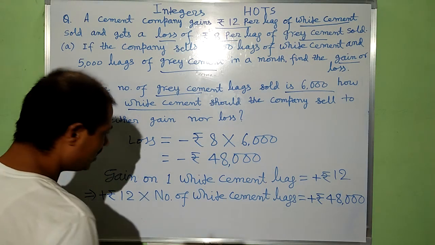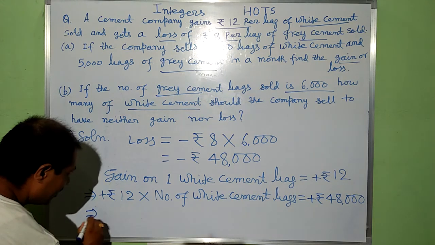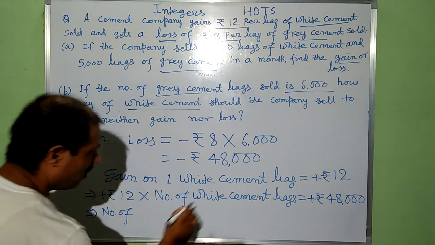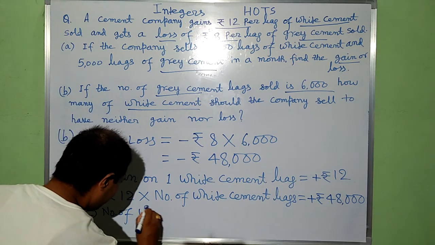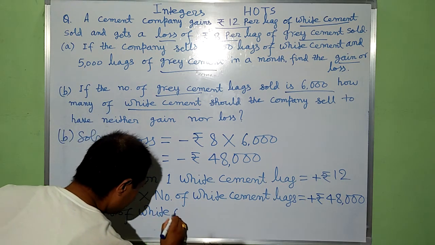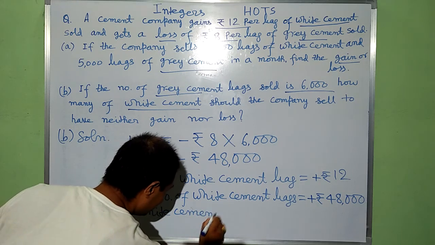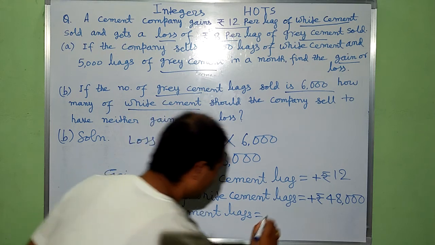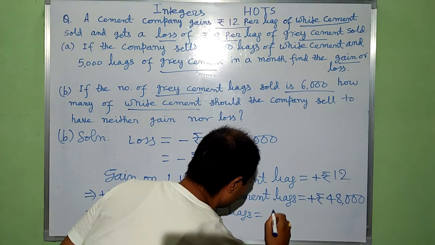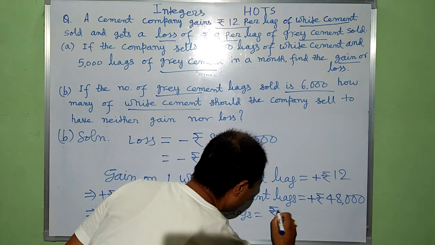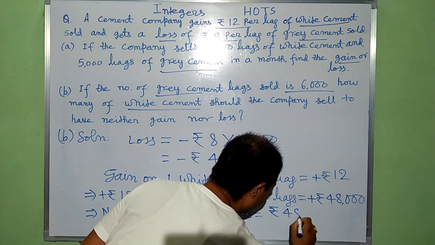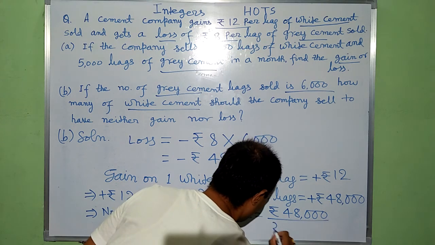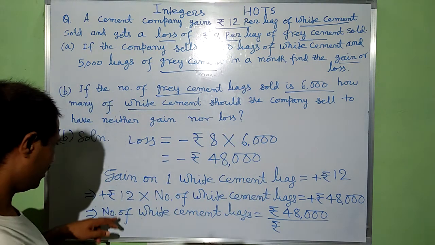Now we can transpose it like this. Implies that the number of white cement bags is equal to rupees 48,000 by rupees 12.